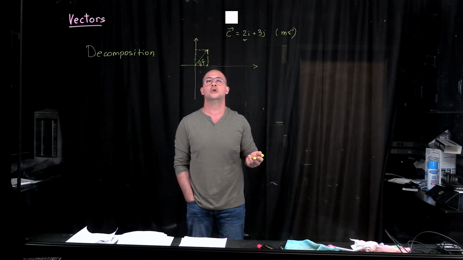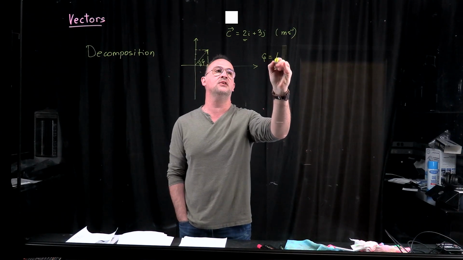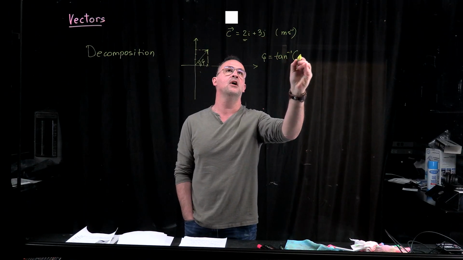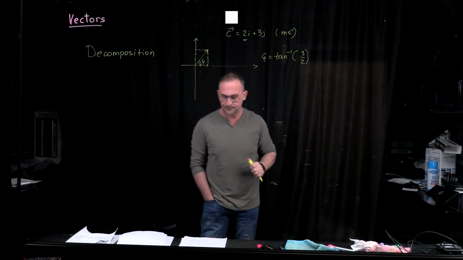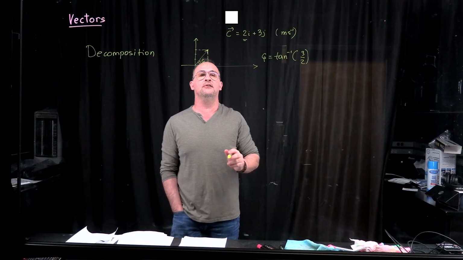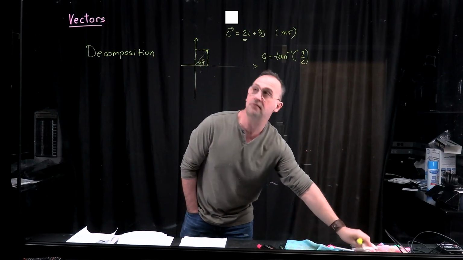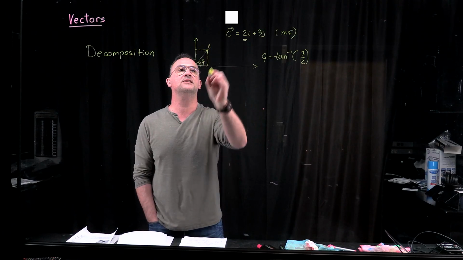From the previous lecture, usually the way we handle this is the inverse tangent of 3 over 2, right? But can we also define, instead of this angle, what if we were to project?